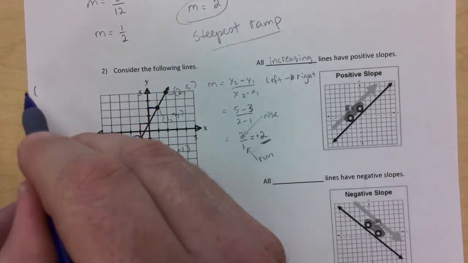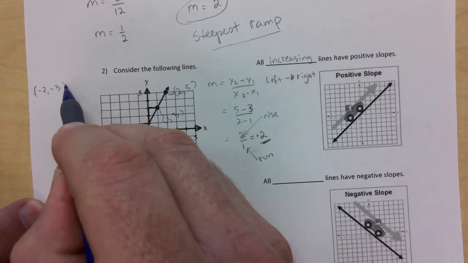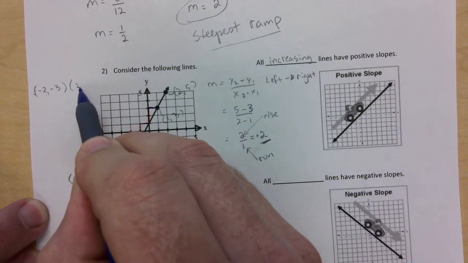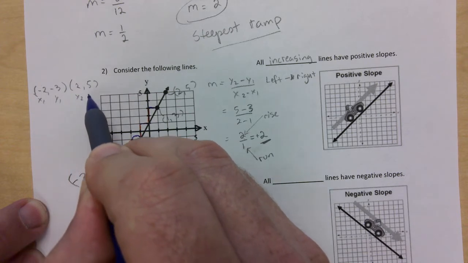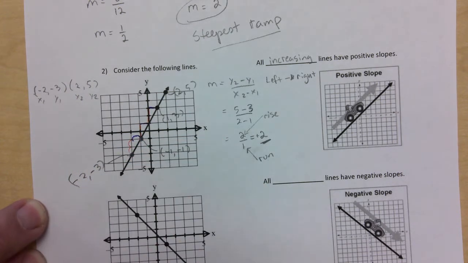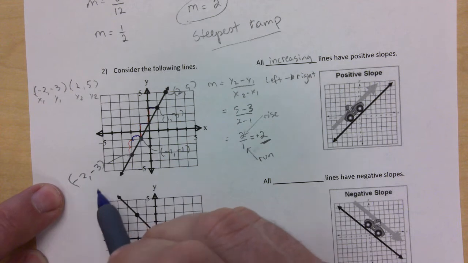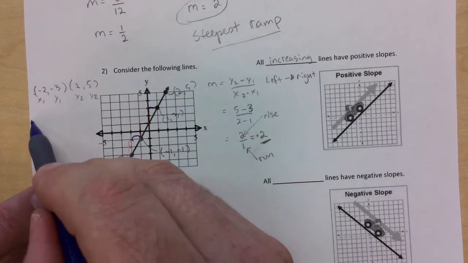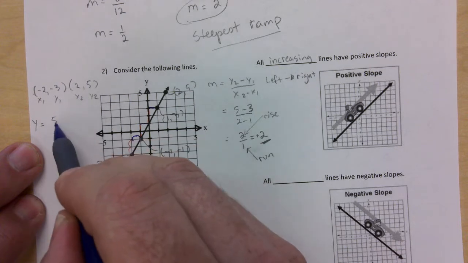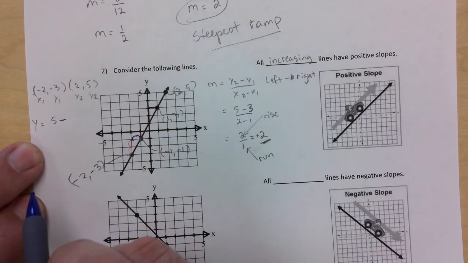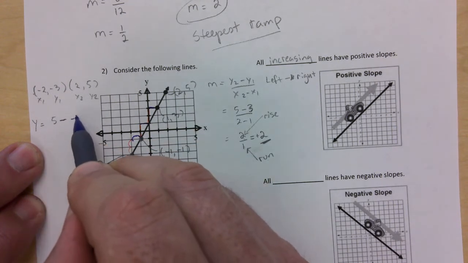Let's write them down. -2, -3, and 2, 5. This is x1, y1, x2, y2. I encourage you to do this the same way because you're going to end up having to deal with negatives. y2 is 5 minus, that's the formula, y1 is -3.